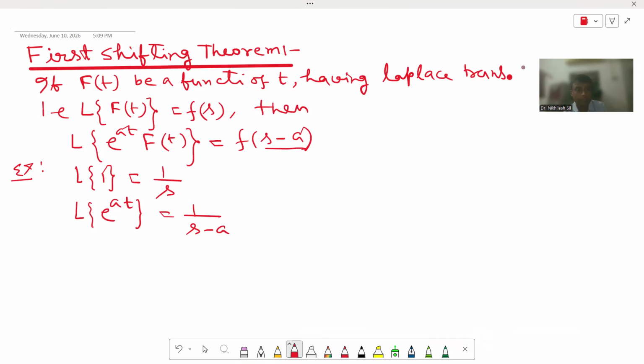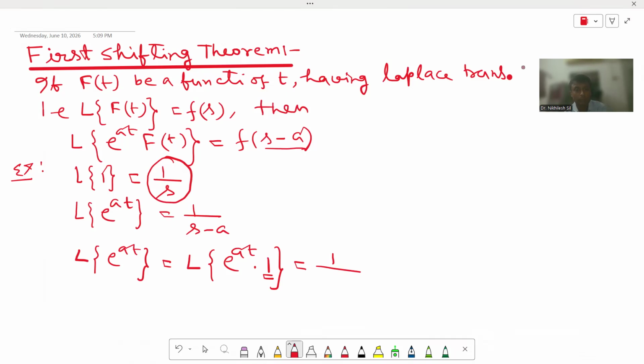If we apply the first shifting theorem, then Laplace of e to the power at can be written as Laplace of e to the power at into f(t), where f(t) equal to 1, and the Laplace of 1 is equal to 1 by s. Since 1 is multiplied by e to the power at, in place of s we are putting s minus a. So the value becomes 1 by s minus a. Okay, clear?